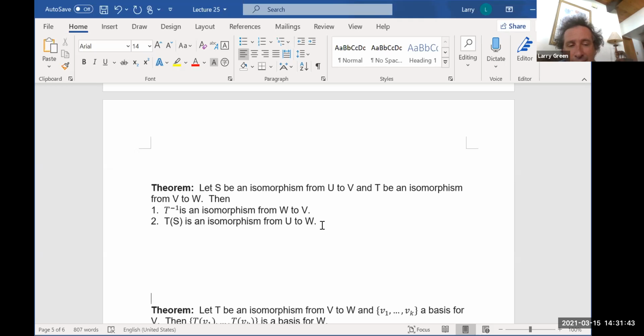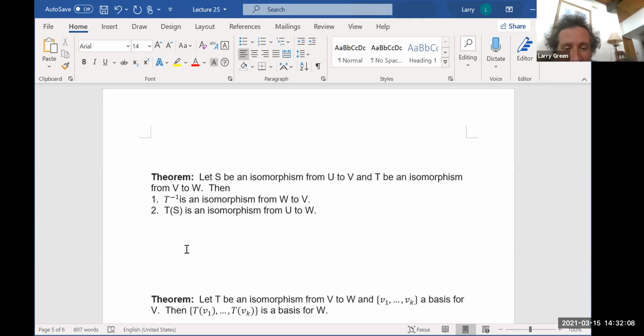So that means that P3 is isomorphic to R4. That's what this T of S is. It means just kind of move and then move again. And as long as you're 1-to-1 and onto, you do it twice, you're still 1-to-1 and onto. Any questions on that?